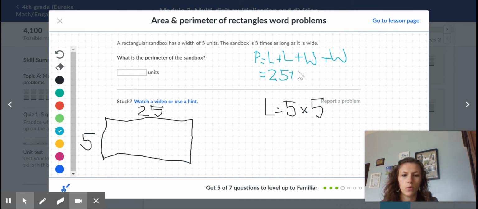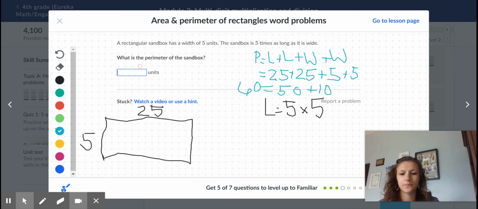I need all 4 sides, because a rectangle has 4 sides and perimeter is the distance around those 4 sides. My width is each 5. As I'm solving this, I know 25 plus 25 is 50, and 5 plus 5 is 10, to give me a total perimeter of 60. So it would be 60 units.